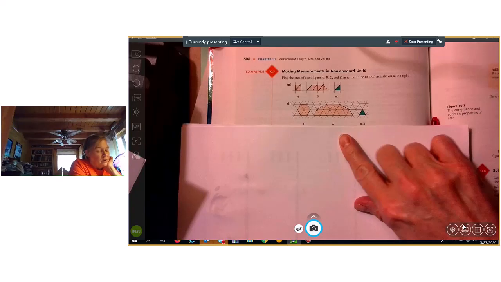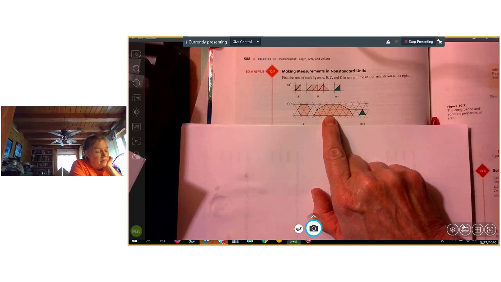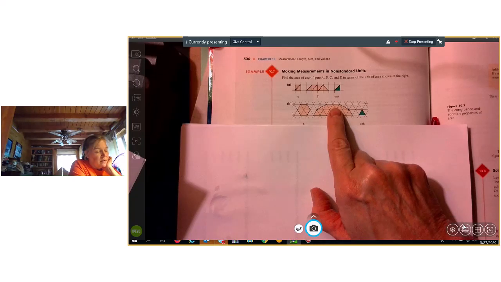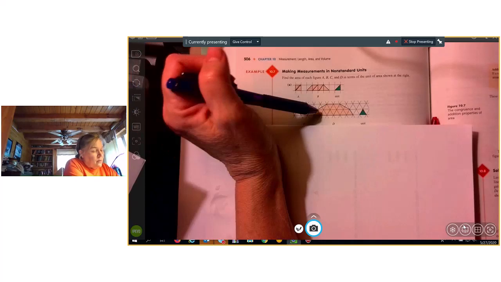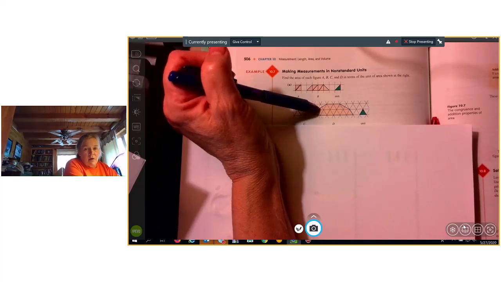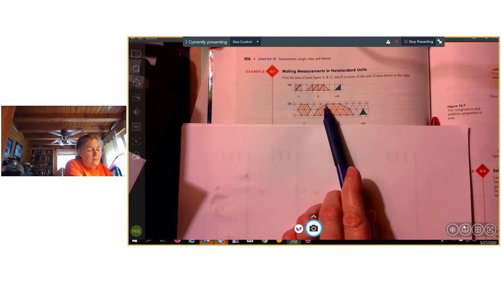So I would count the whole ones first. 1, 2, 3, 4, 5, 6, 7, 8, 9, 10, 11, 12, 13, 14, 15, 16. And then say, okay, well, can I flip this part and have it fit into this part? So can I take one of these and flip it to fit into the other?